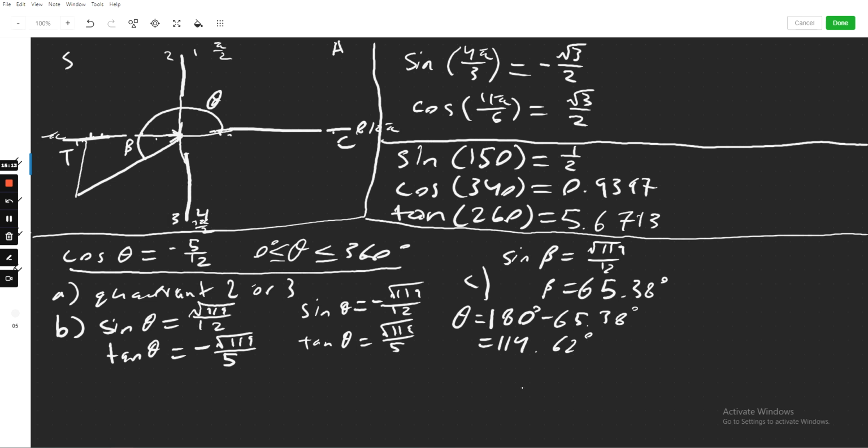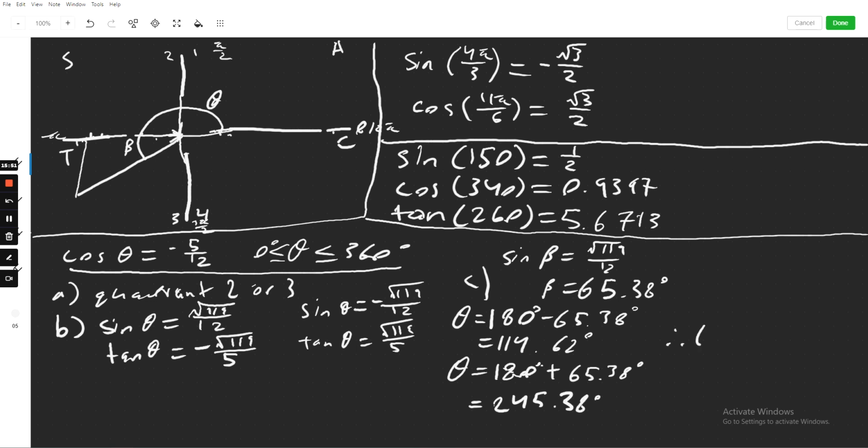But in this case, we'd actually have to add it to 180 degrees in order to find theta, because theta goes all the way across past 180 plus the beta. So theta could also equal 180 degrees plus 65.38 degrees, which equals about 245.38 degrees.